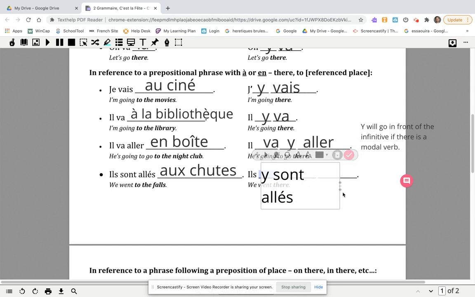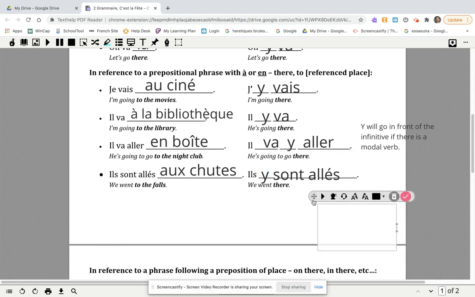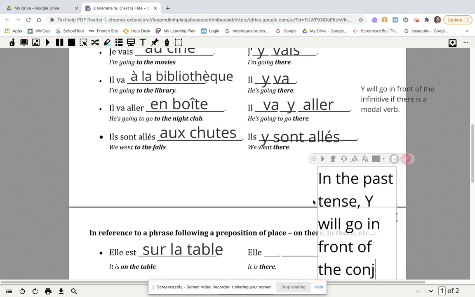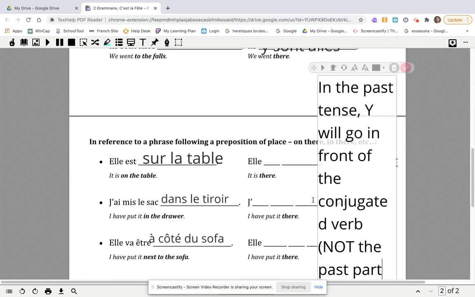Remember that past participles are not verbs. Don't give pronouns to the past participle. It goes in front of the conjugated verb. So, in the past tense, "y" will go in front of the conjugated verb, not the past participle.